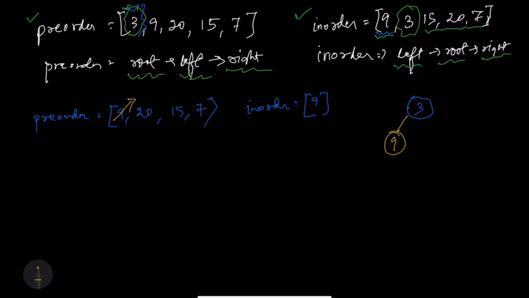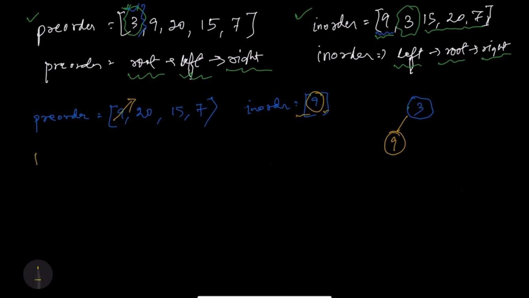So we have popped out 9 and it is our left subtree element. Now we just have 9 in our inorder array. There is nothing to left and nothing to right. So we know that our 9 ends up there, there is no more to the left subtree.